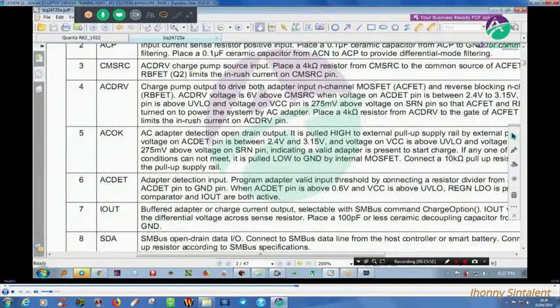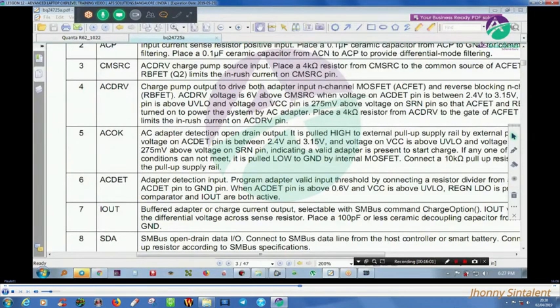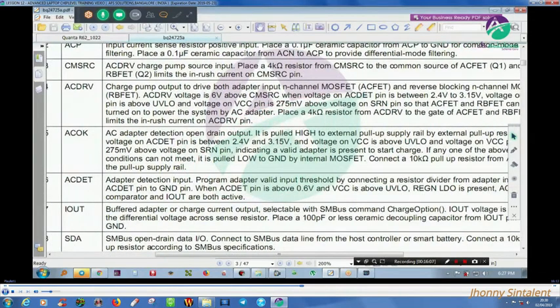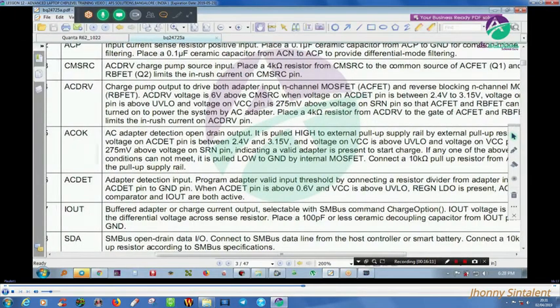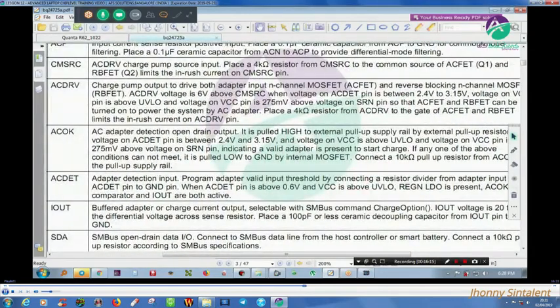AC okay. What he said earlier. My next confirmation is AC okay, pin number 5. So AC okay is the AC adapter detection open drain output. It is pulled high to the pull-up rail by an external pull-up resistor when the voltage on AC detect is between 2.4 and 3.15.